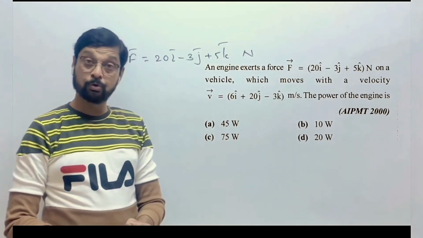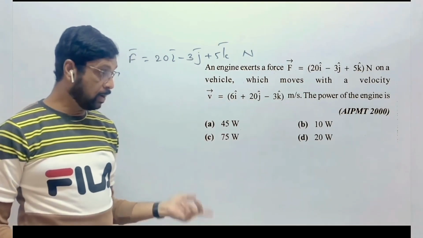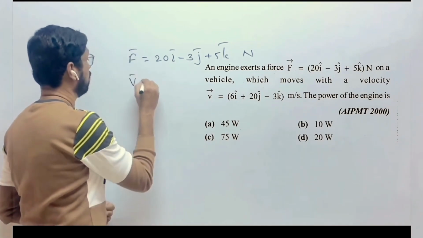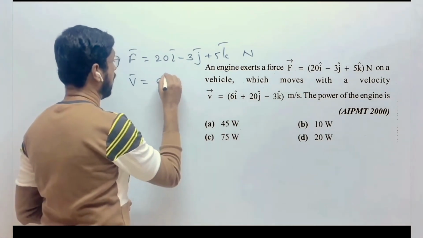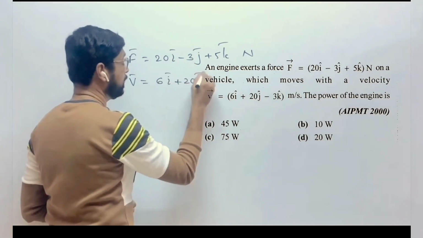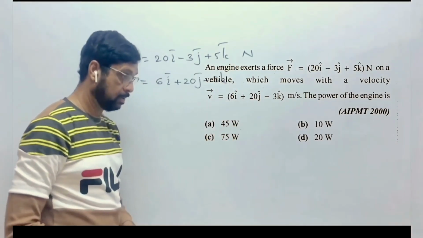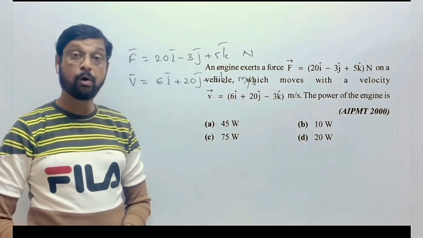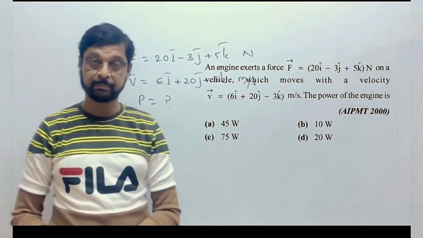This much force is exerted by an engine on a vehicle which moves with a velocity of 6I plus 20J minus 3K meter per second. The power of the engine is what?